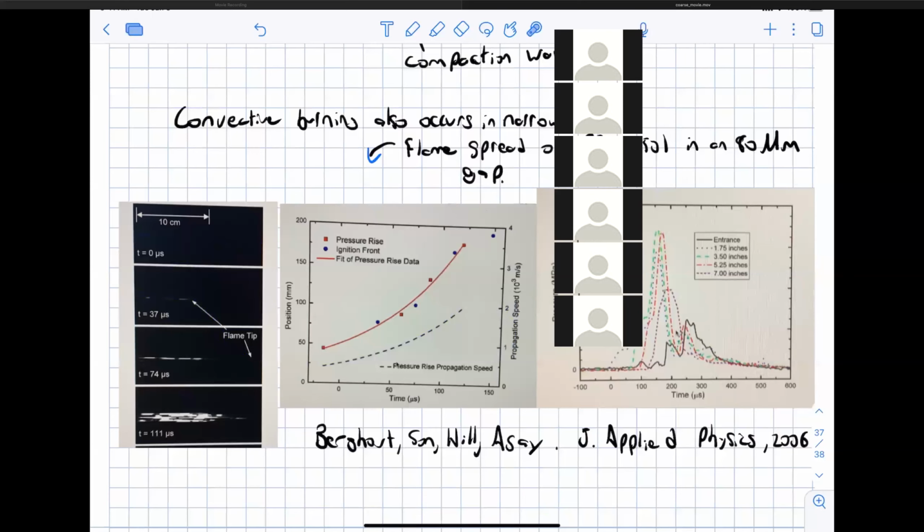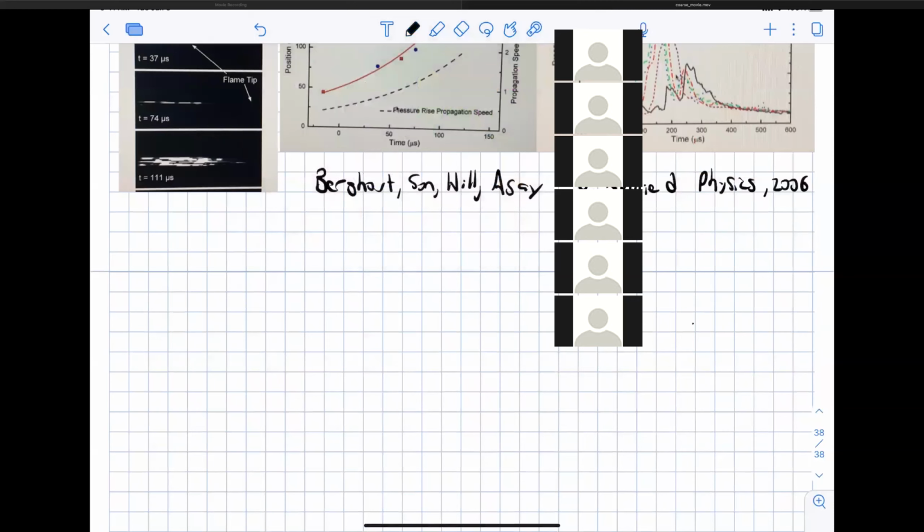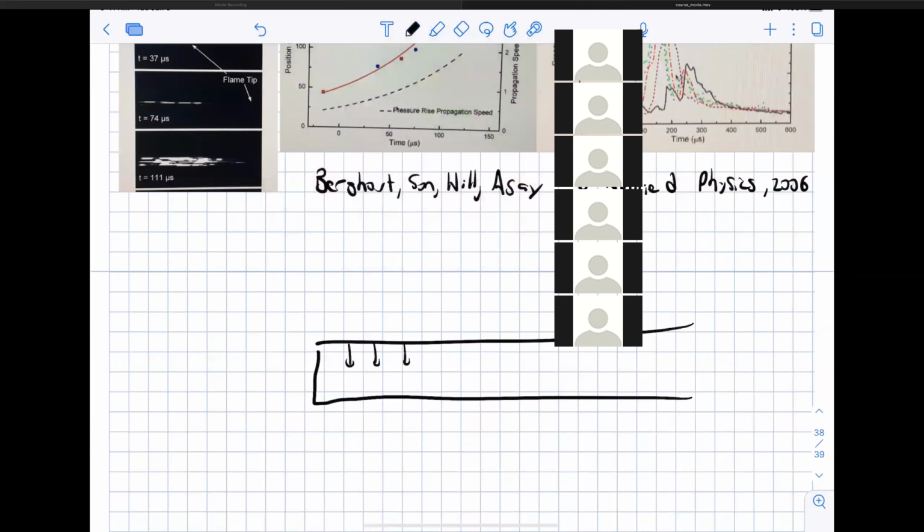Also, what's driving the phenomenon is convective heat transfer. If you consider the two burning slabs, a slab here and a slab here, closed over here, you have the burning surface over here, and the flow has no choice but to turn and go downstream.